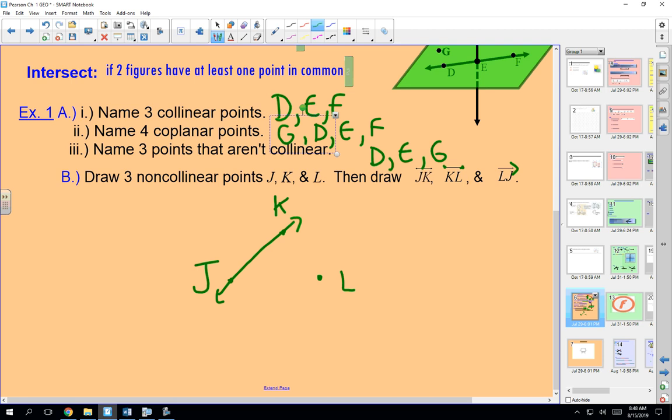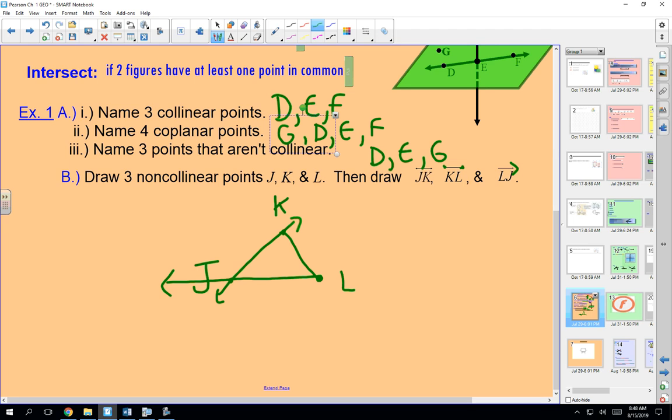So turn those arrows once again into dots on each end. So KL, we're going to make it a segment. It would start at K and end at L. And then if LJ is a ray, I'm going to start at L, and I'm going to go through J and then put an arrow on the end. So that's just reading the three different symbols.